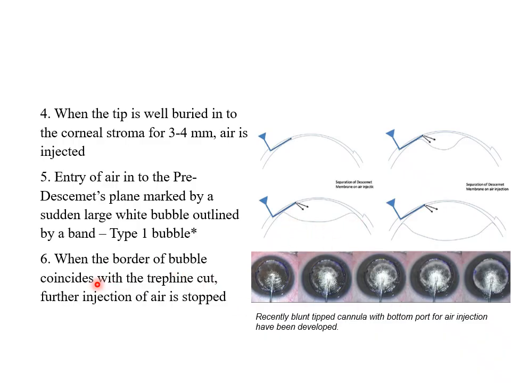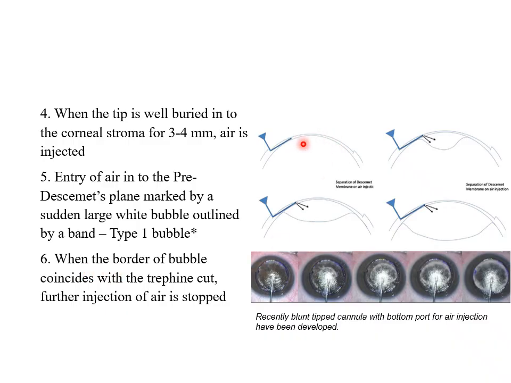So the type 2 bubble is formed when the air enters intra-DM, whereas the type 1 bubble is when the air enters above DM, rather above the pre-Descemet layer. That's the difference between type 1 and type 2 big bubble. Type 1 is seen in 80% of the cases and type 2 in the remaining cases, and sometimes you also have a mixed type 1 plus type 2 bubble.